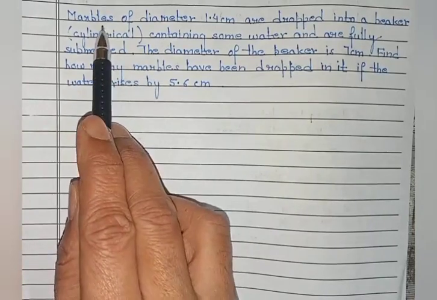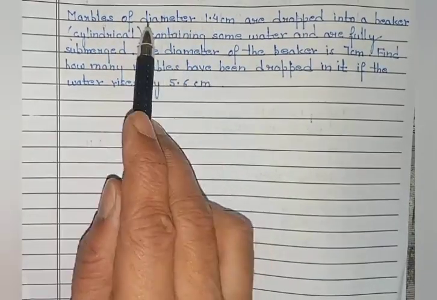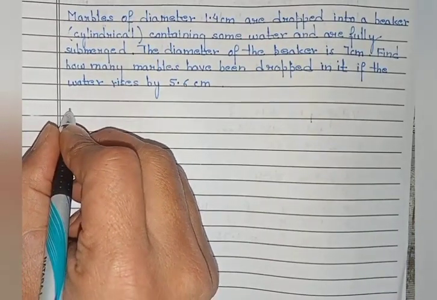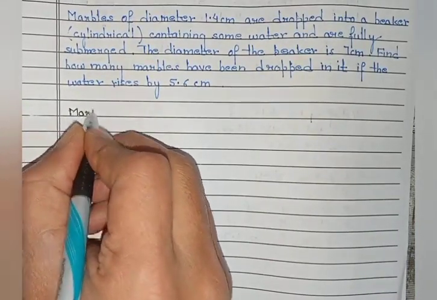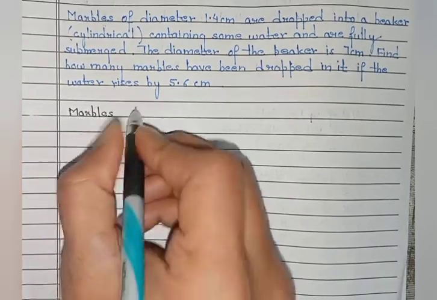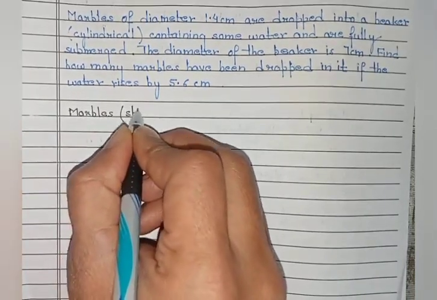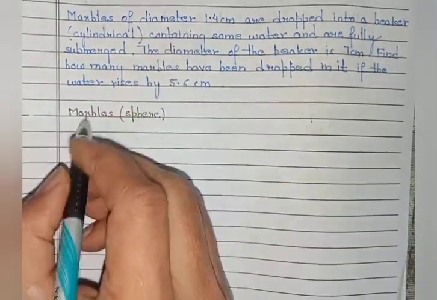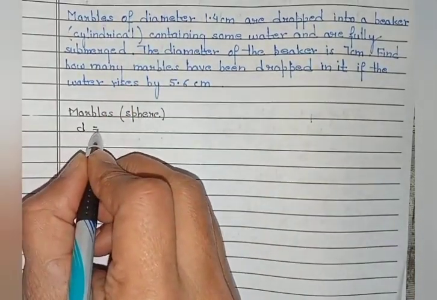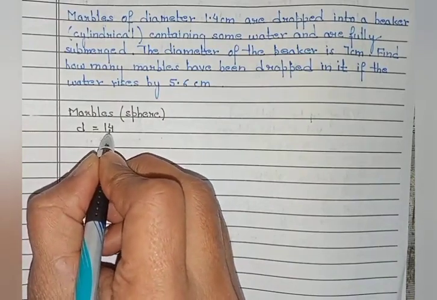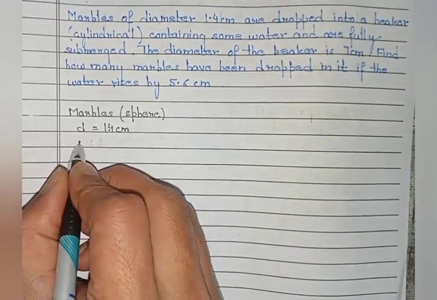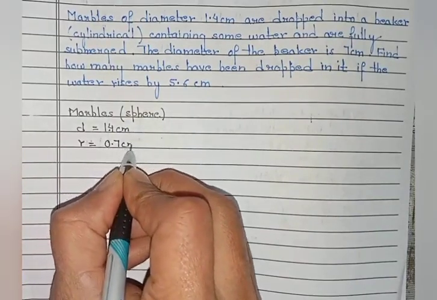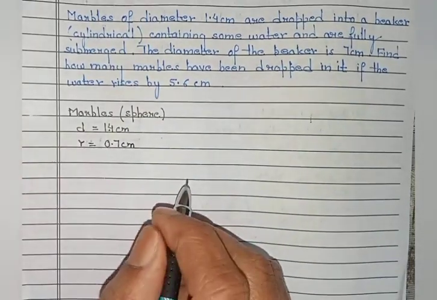So first of all, you can see diameter of the marbles is given, and marbles will be spherical in shape. So for marbles, which are spherical in shape, diameter is given as 1.4 centimeter. So from here you can get the radius. It will be half of it, 0.7 centimeter. That is the radius.